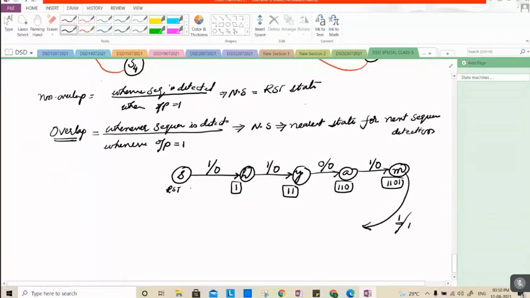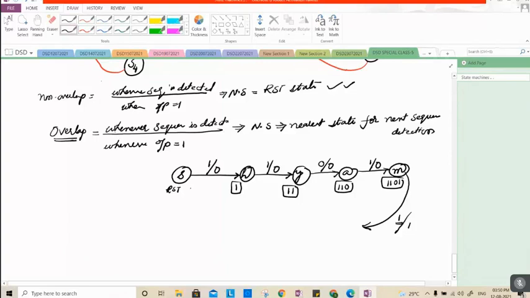Is this clear? First, is the non-overlapping definition clear? In non-overlapping, whenever the sequence is detected or whenever the output is equal to 1, the next state must go directly to the reset state. Reset state is nothing but the initial state.